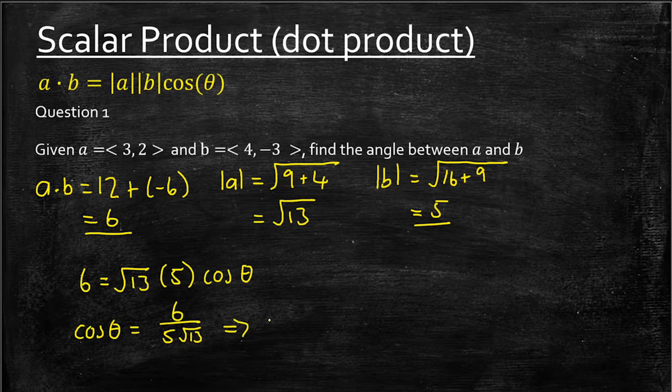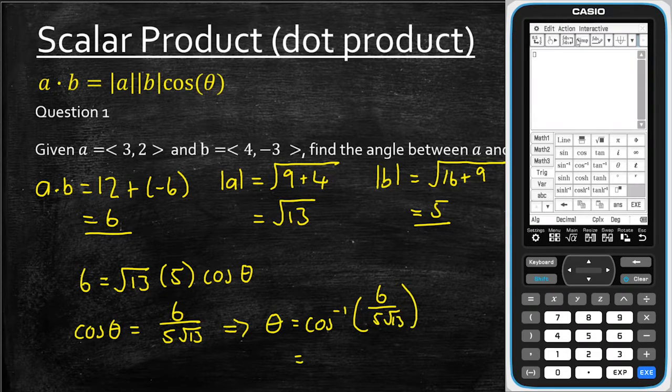And that implies that theta is going to equal cos inverse of 6 over 5 root 13. So what we're going to do now is write that into the calculator. I'm just in main. I'm going to go cos inverse, my bracket there, 6 over 5 root 13.